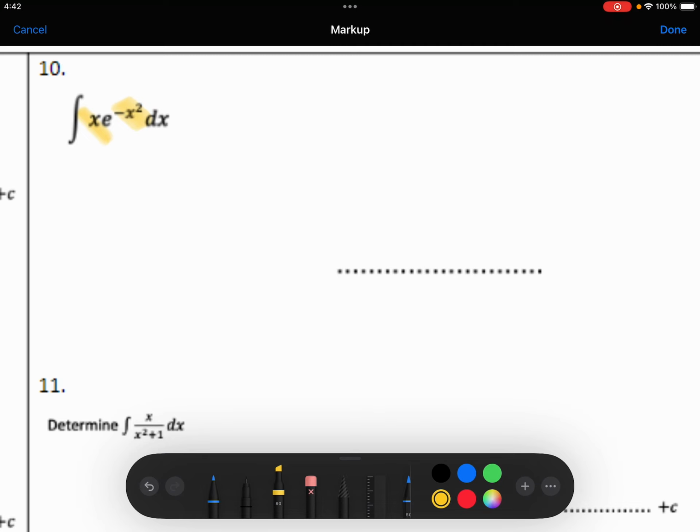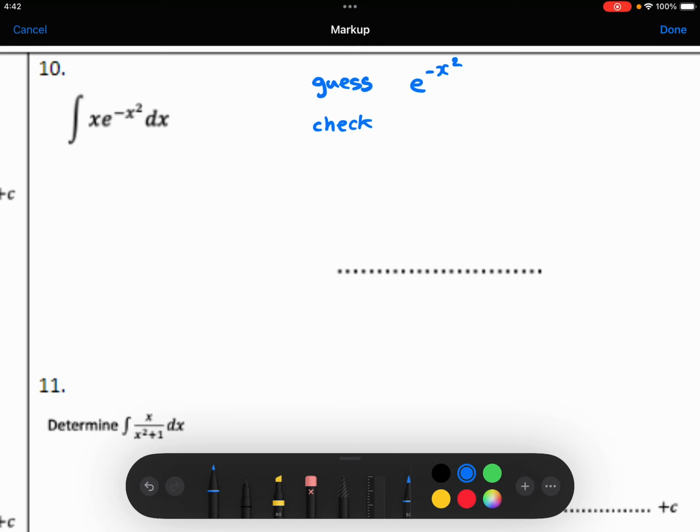So I think guess and check would be a sensible idea here. I'm going to guess that my answer is just simply e to the minus x squared. And let's see how we get on with this. Let's check. Let's differentiate this and see whether my guess is correct.